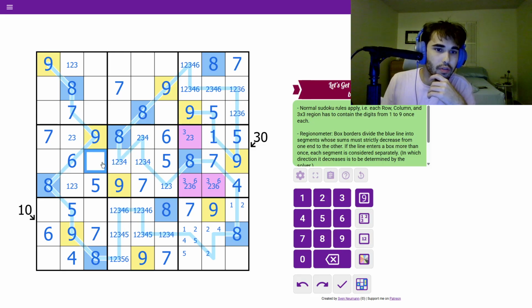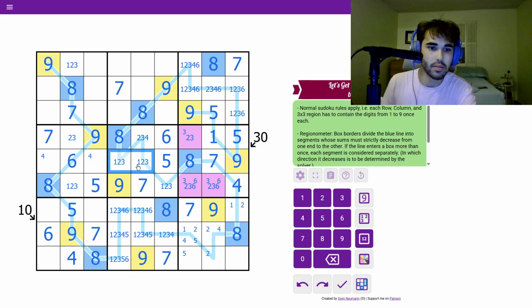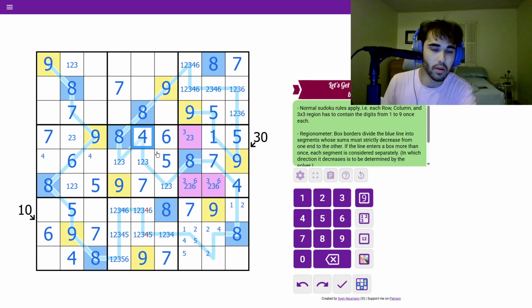Well, actually, 4s are in one of these two. So neither of these could be 4s, so that makes this a 4. So neither of those could be 4s. And then the pencil marked 4s get rid of this 4 and that 4. So now, with our powers combined, we could get a 4 there.